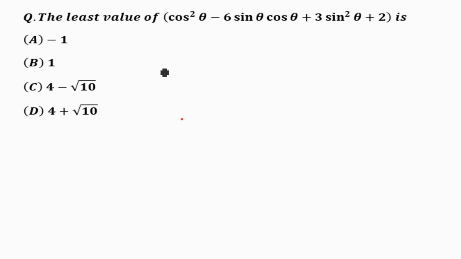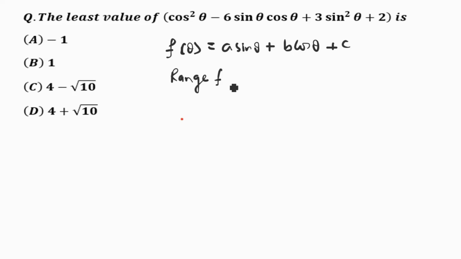Let me clear the concept here. If you ever have a function f theta equal to a sin theta plus b cos theta plus c, then the range of this function is from minus root a square plus b square plus c to root a square plus b square plus c.